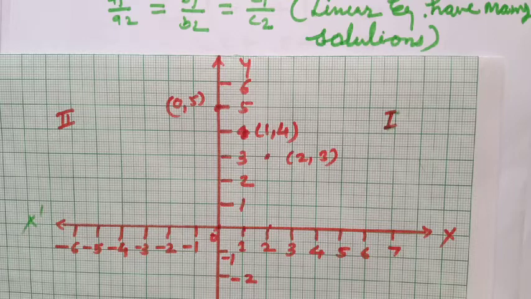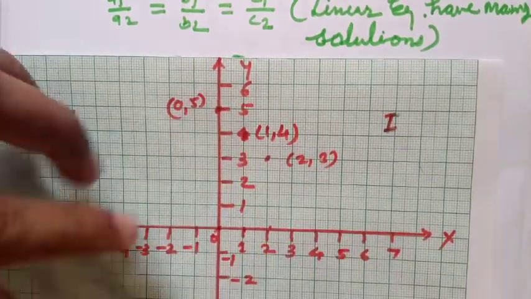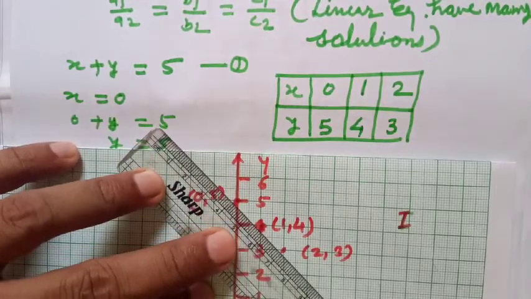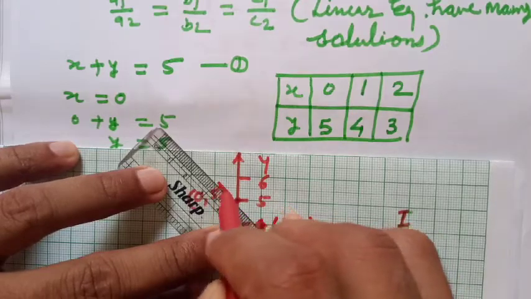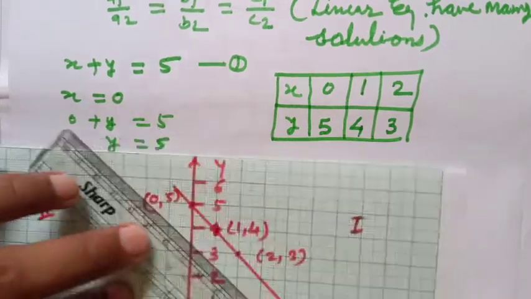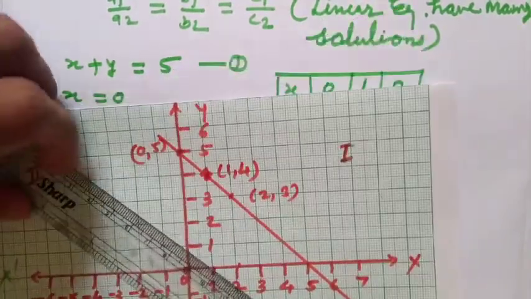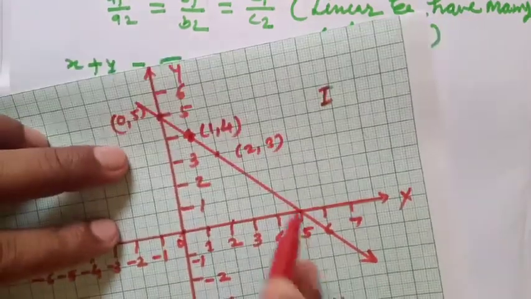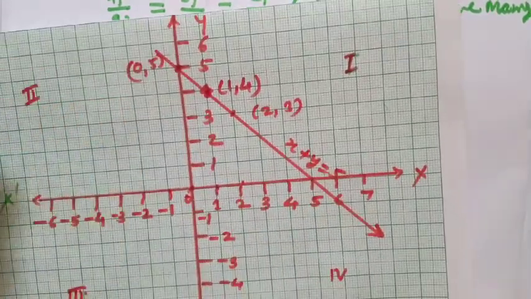Now you have the 3 points here. This is the first, second and third, and you should join these 3 points like that. We draw this line because this is a linear equation, so the graph will be a single line, and you can write on it x plus y is equal to 5, the name of the linear equation.